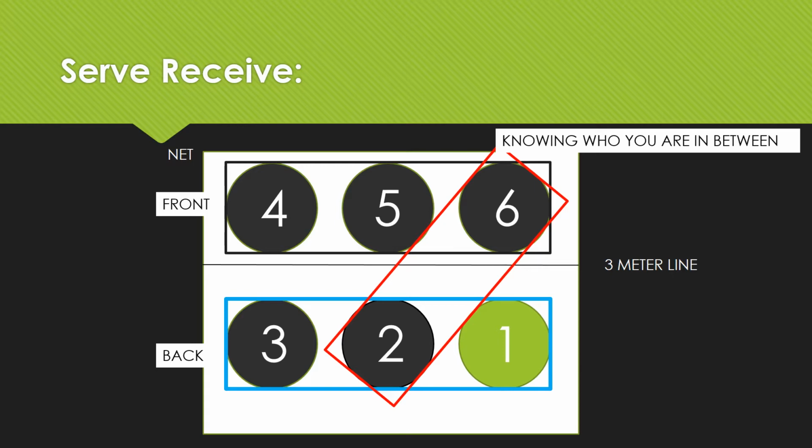For example, take a look at 1, 2, and 3. Okay? Number 2 is in the middle of 3 and 1. This means that in a serve-receive passing position, number 2 is not allowed to be on the left side of position 3, or number 2 is not allowed to be on the right side of position 1.